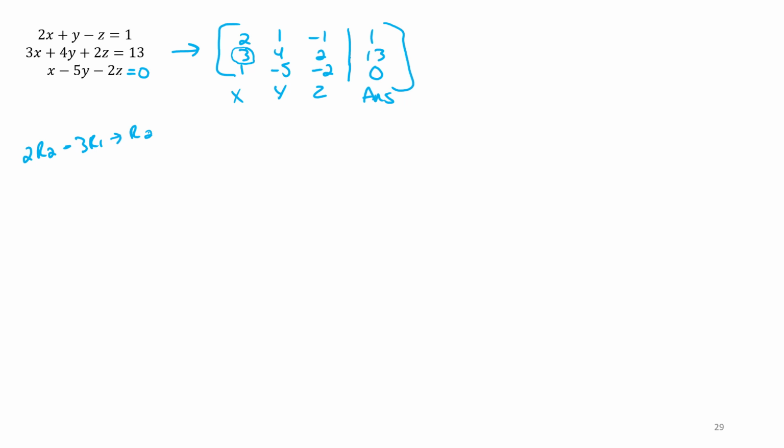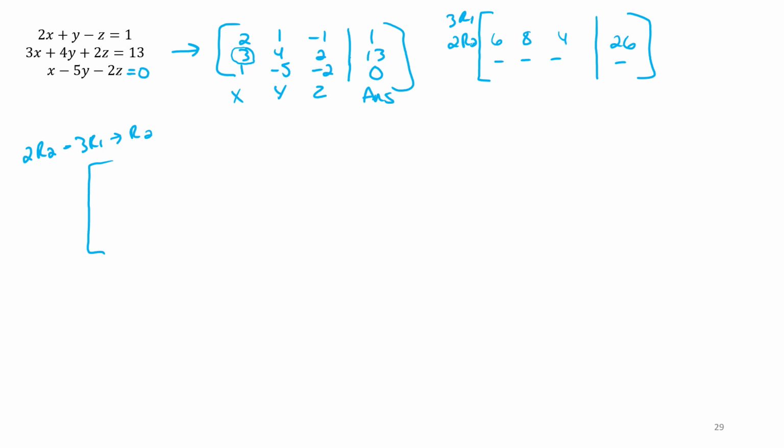For scratch work, you could do your math over here. If you have your small matrix and we're leaving the bottom row alone, in this case, 2 times 3 is 6. 2 times 4 is 8. 2 times 2 is 4. And 2 times 13 is 26.